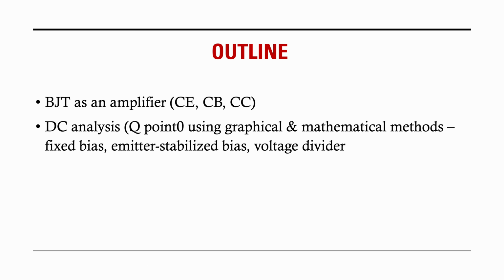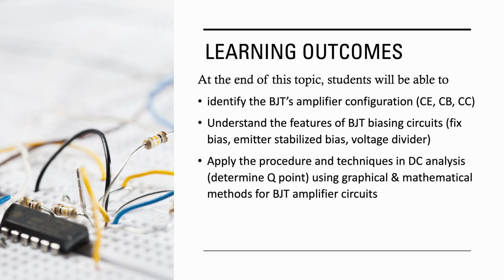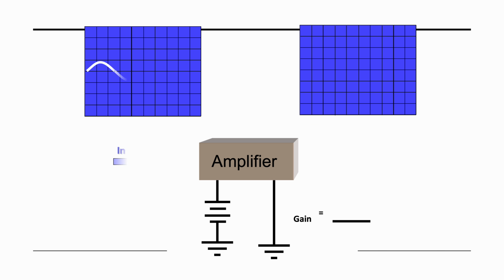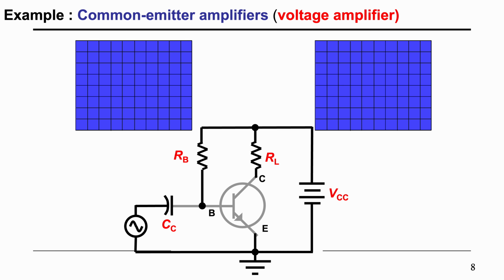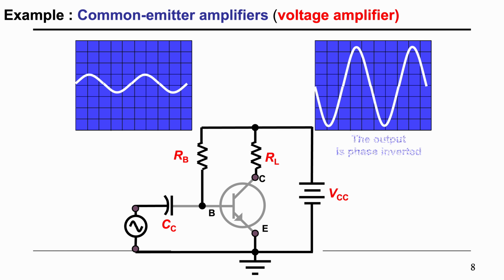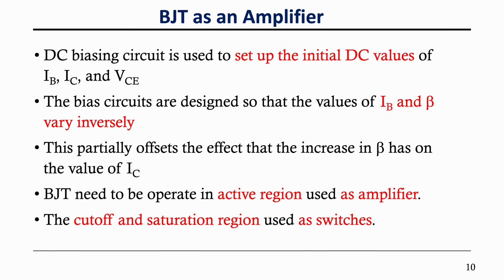From our previous class, we have discussed the function of the BJT. It is used as a switch, and also as an amplifier.